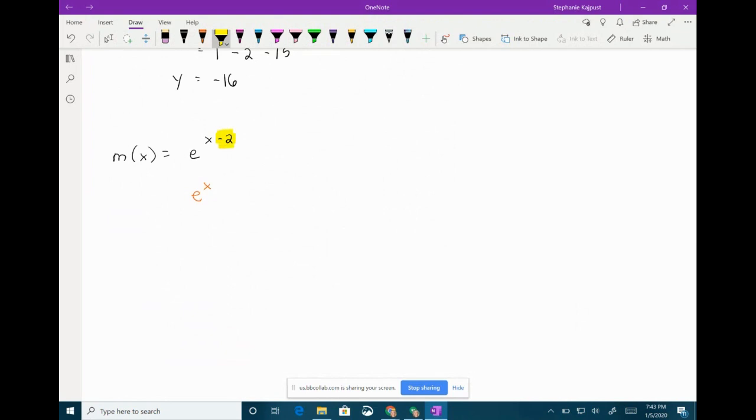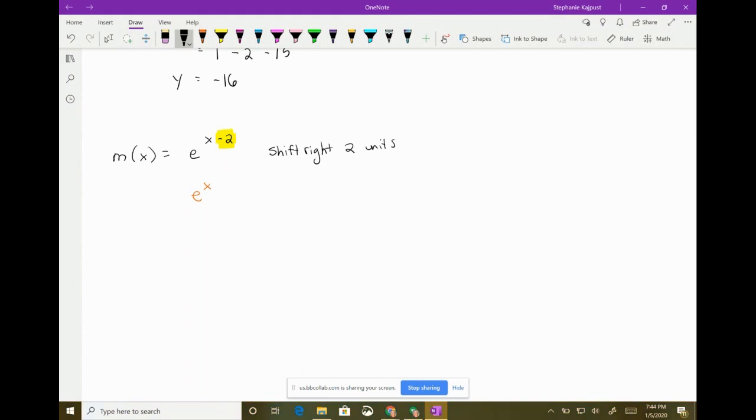So we're actually adding 2 to the x values, which means we're shifting it over to the right. So that is a transformation where you shift right 2 units. So anything that happens with the x is the opposite sign.